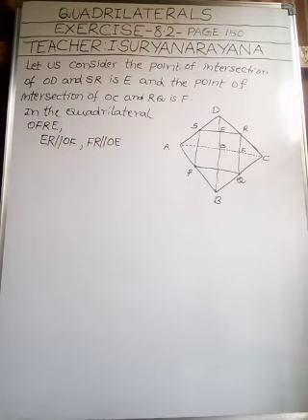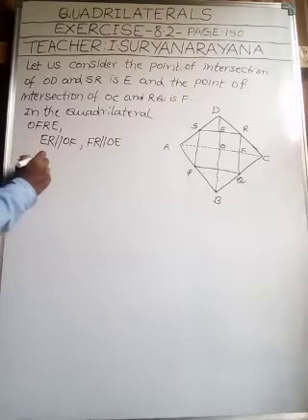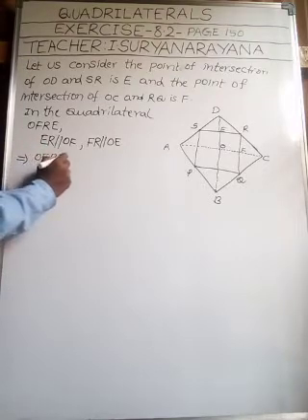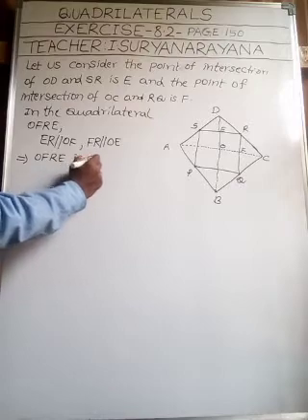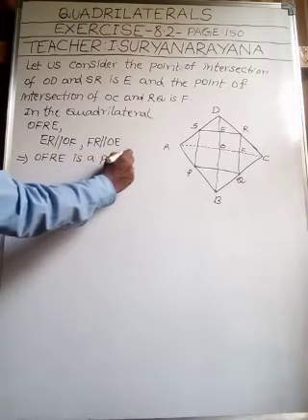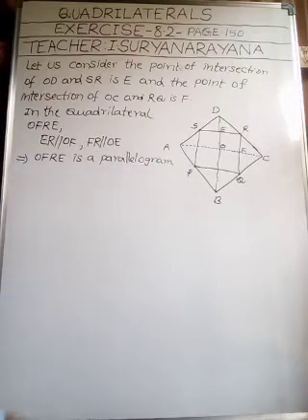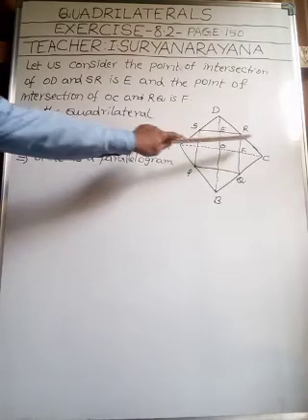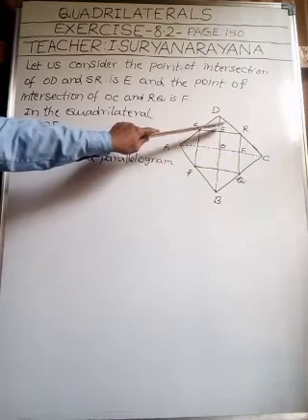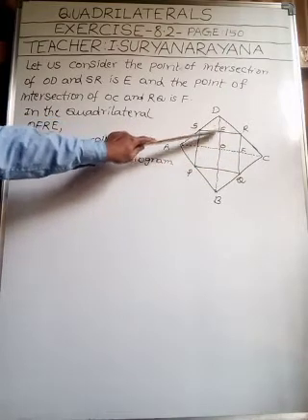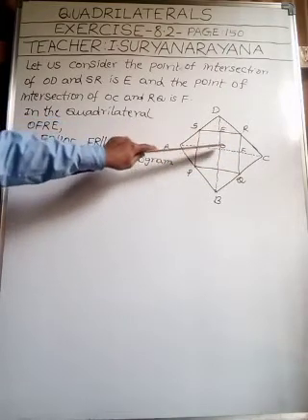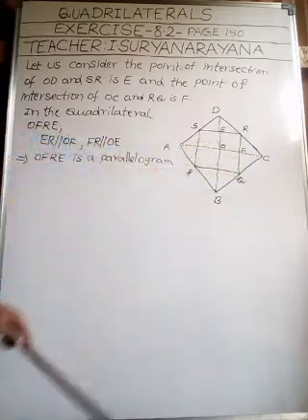Isn't it, my children? This implies OFRE is a parallelogram. This pair of opposite sides are parallel, and this pair of opposite sides are also parallel. So this small OFRE is a parallelogram.